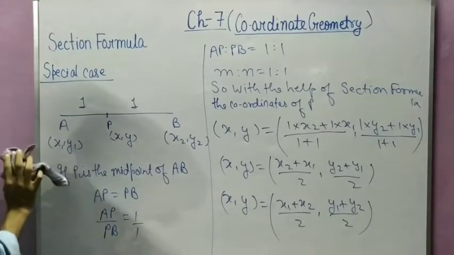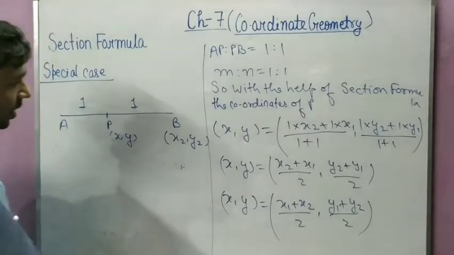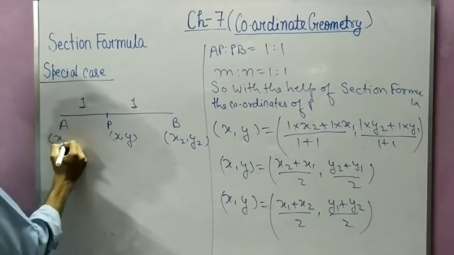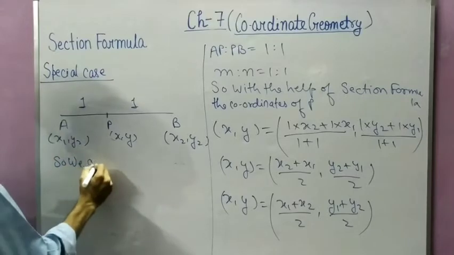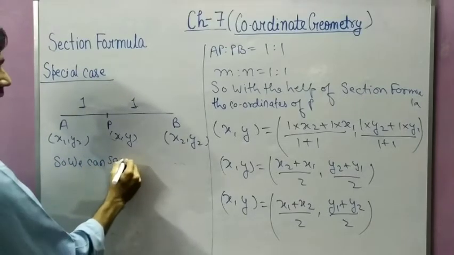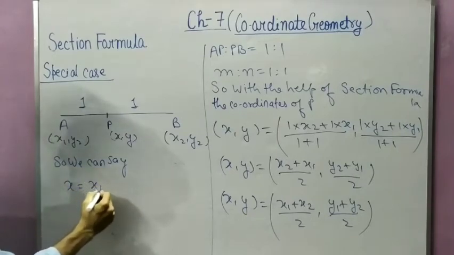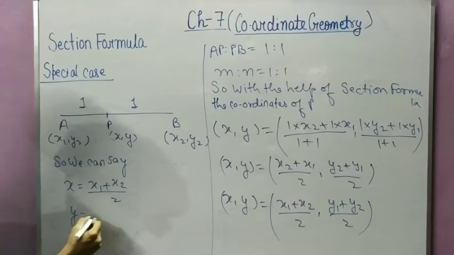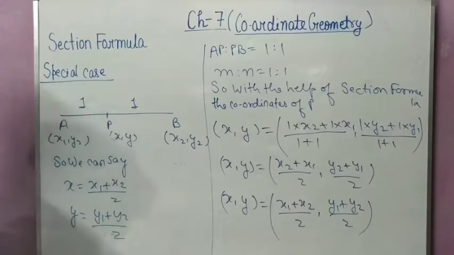After this, student, there is not much space here, so I am writing here. So we can say x is equal to x1 plus x2 by 2, and y is equal to y1 plus y2 by 2.